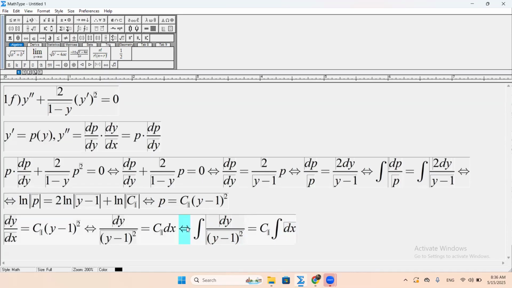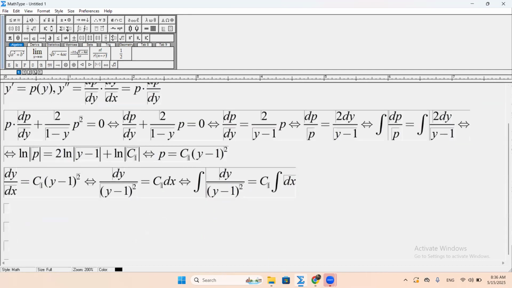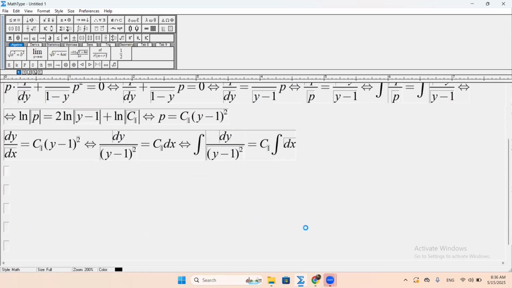So now we will again integrate both parts of this equation. So this integral will be equal to minus 1 over y minus 1, or we will just rewrite it as 1 over 1 minus y.